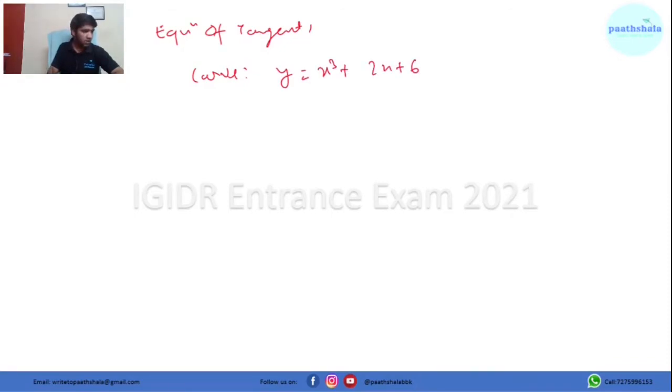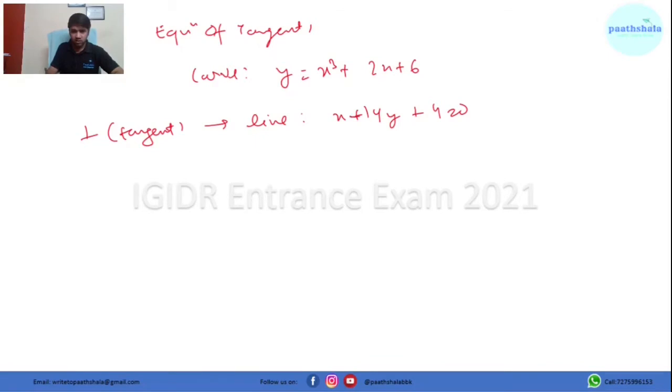And we have a line, the equation of the line is x plus 14y plus 4 equals to 0, and this line is perpendicular to the tangent. Here it is, this is given.